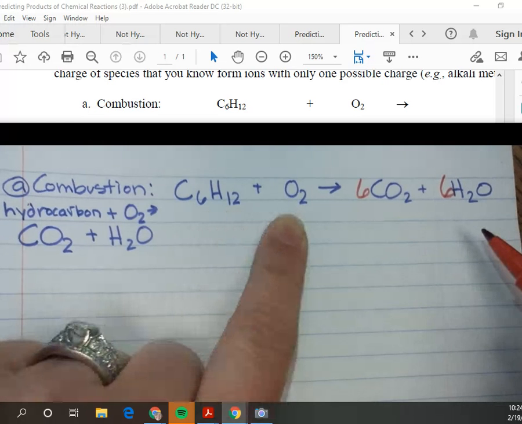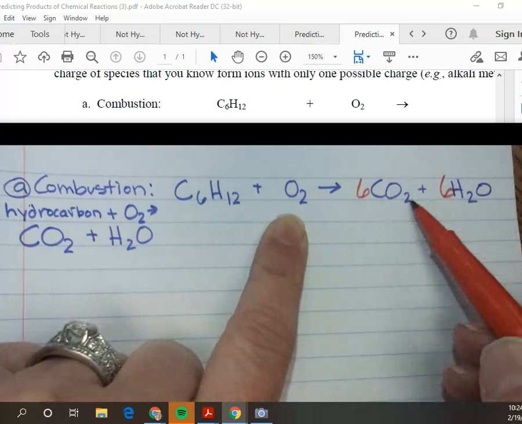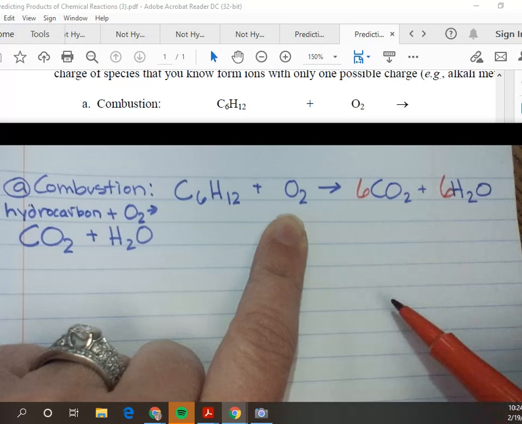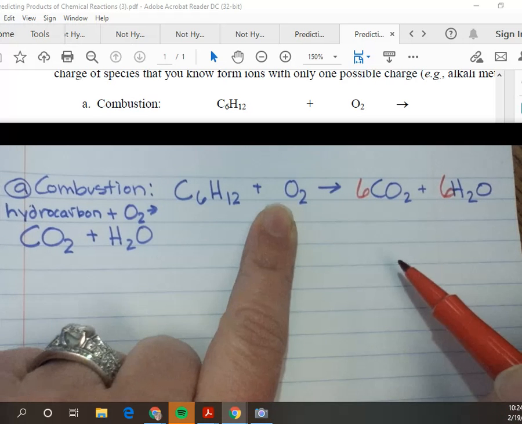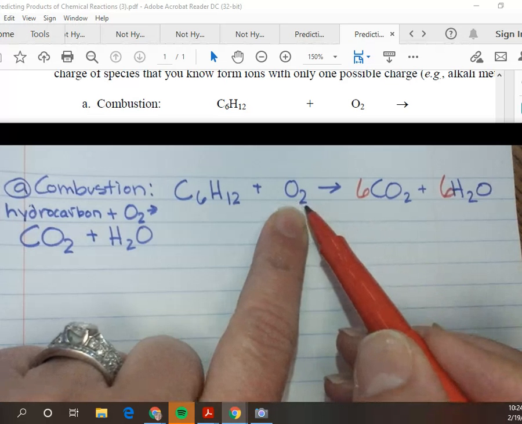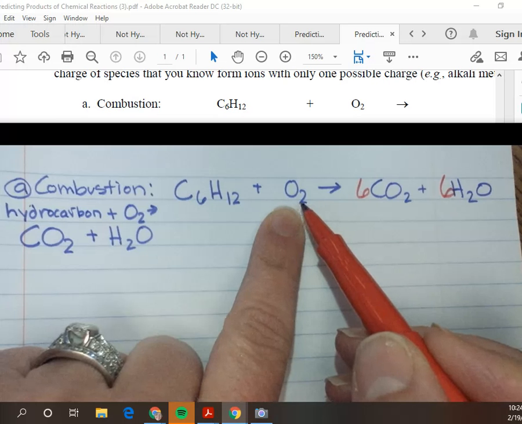And then I need to look at my oxygen. I have 6 times 2 is 12, plus 6 times 1 is 6, so 12 plus 6 is 18. So what does my coefficient on oxygen need to be? So if I have 2 as my subscript, 2 times what gives me 18?